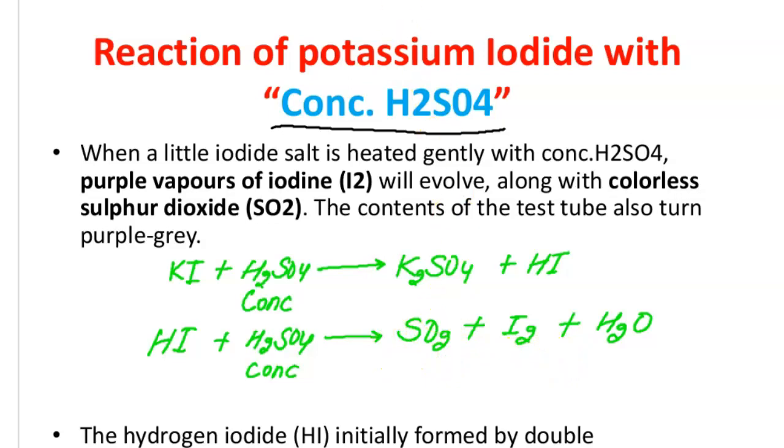So this SO2 is a colorless gas and this I2 gives purple vapors. This purple vapor confirms the chemical change. So KI, when reacted with excess of H2SO4, produces purple vapor along with SO2 and H2O.